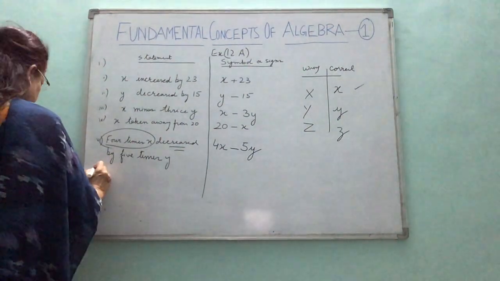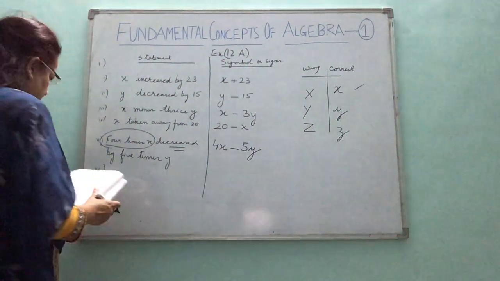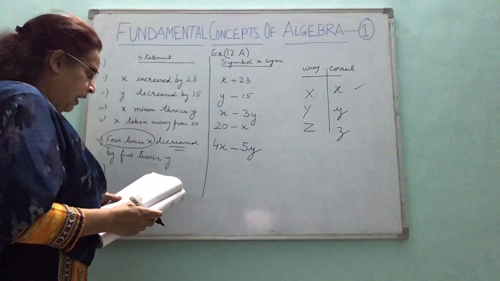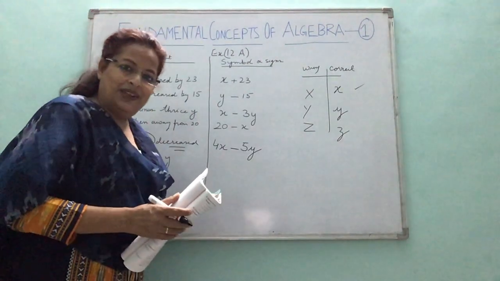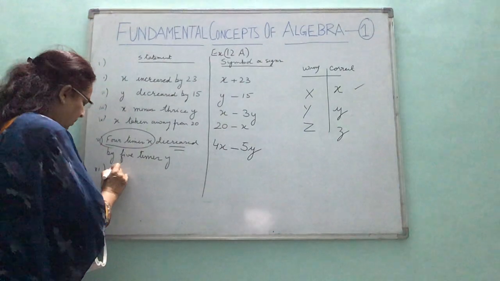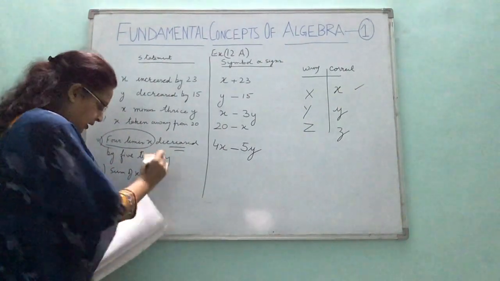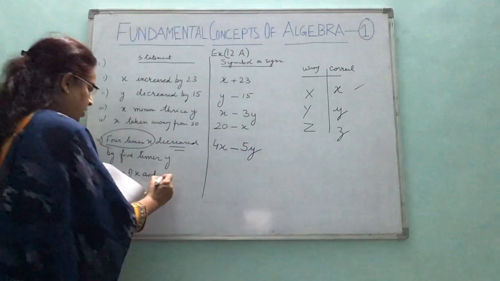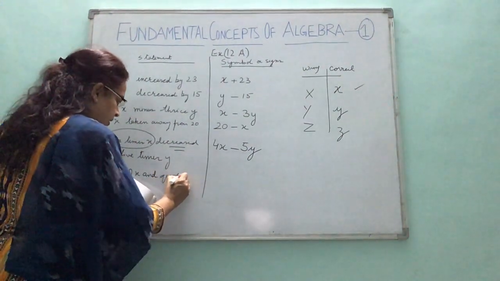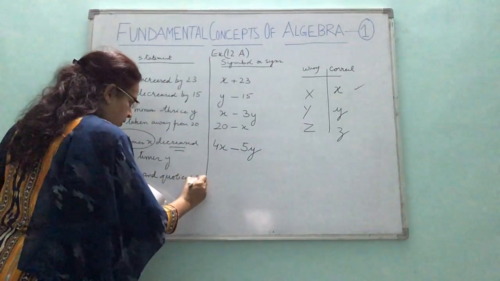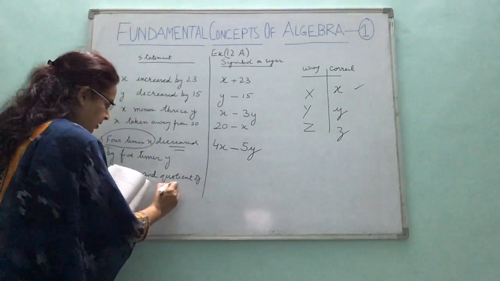Okay, sixth one. Sum of x and quotient of y by 10. Well, sum of x and quotient of y by 10.